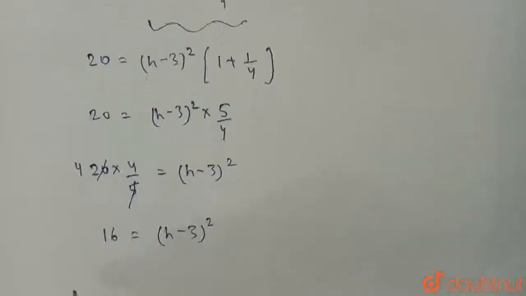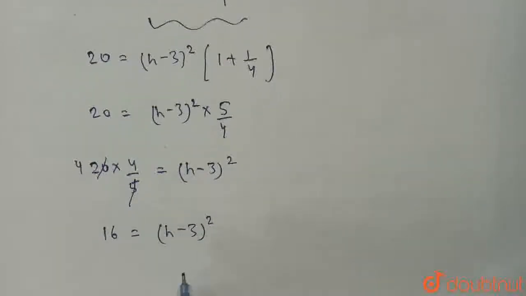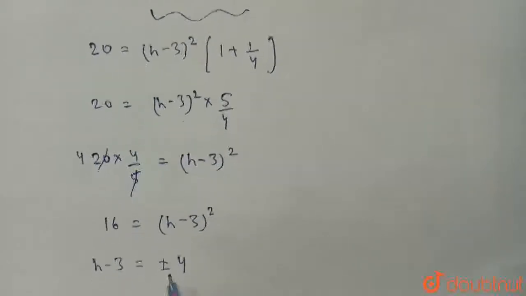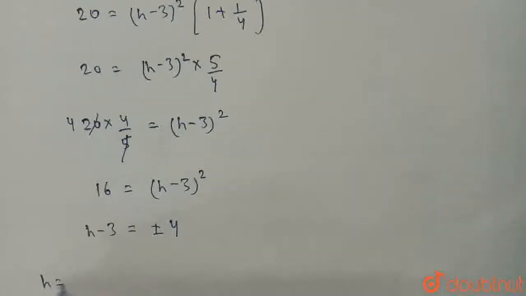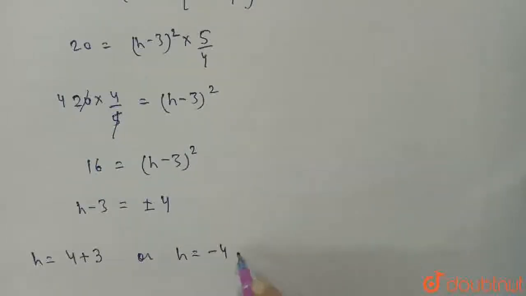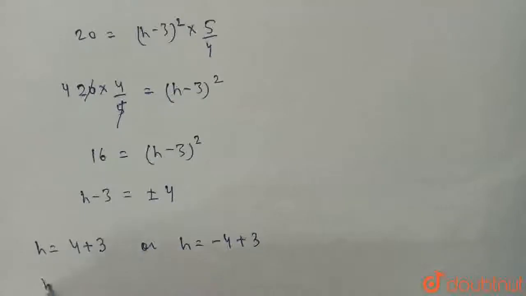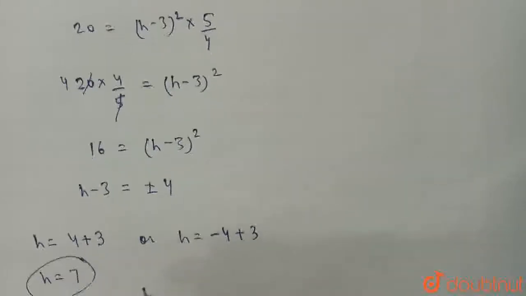So now on taking the square root on both sides, we get h minus 3 is equal to plus or minus 4. So h has two values, that is h is equal to 4 plus 3 or h is equal to minus 4 plus 3, that is h is equal to 7 or h is equal to minus 1.